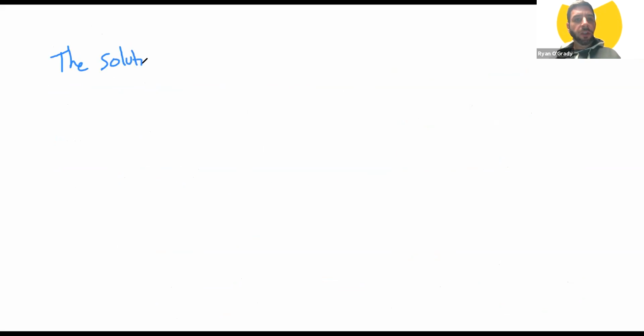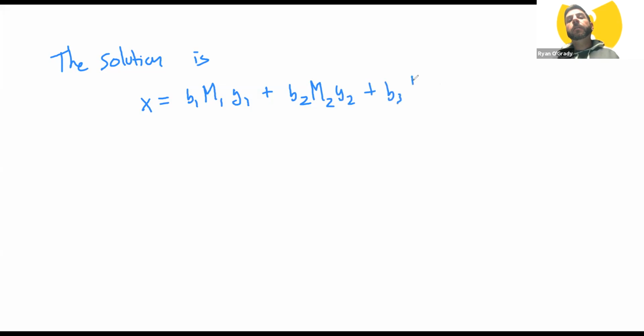the solution is x equals b sub 1, capital M sub 1, y sub 1, plus b sub 2, capital M sub 2, y sub 2, plus b sub 3 times capital M sub 3 times y sub 3, which in this particular problem is 3. What was capital M sub 1? We already know what that was.